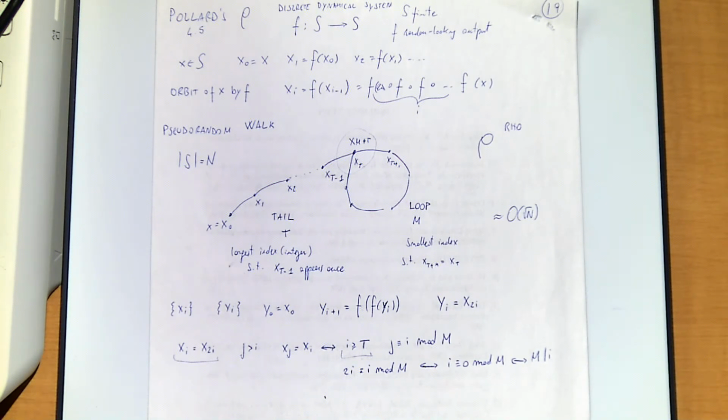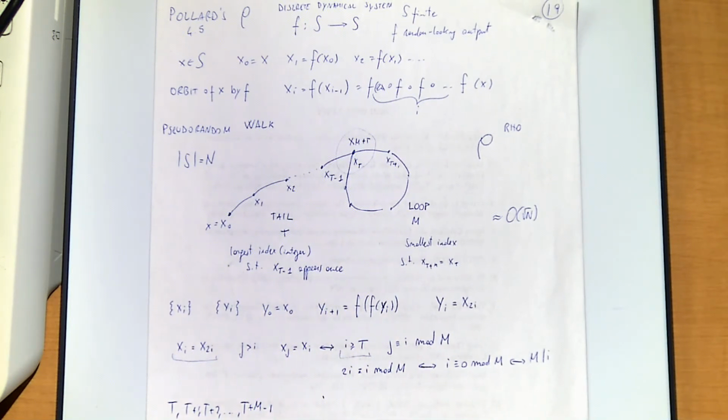So now, what we can consider is t plus 1, t plus 2, all the way up to t plus m minus 1, which is the last one. Those are the elements in the loop. One of these numbers has to be divisible by m, right?